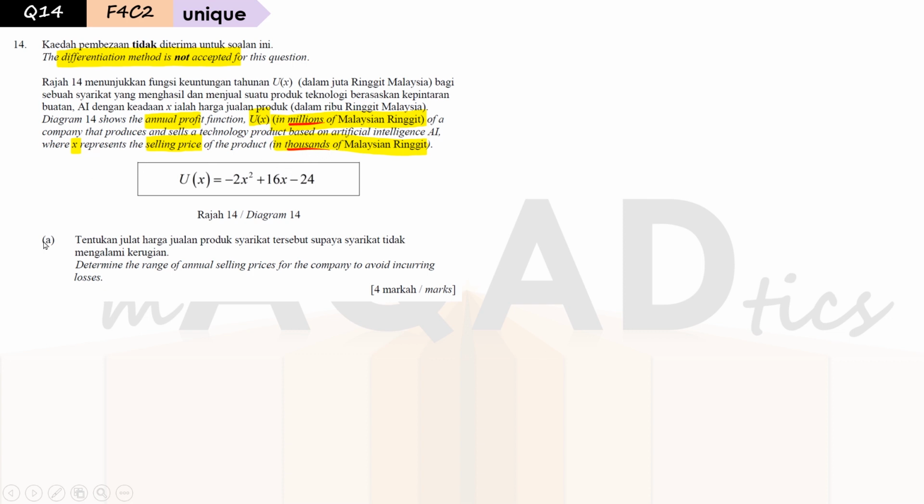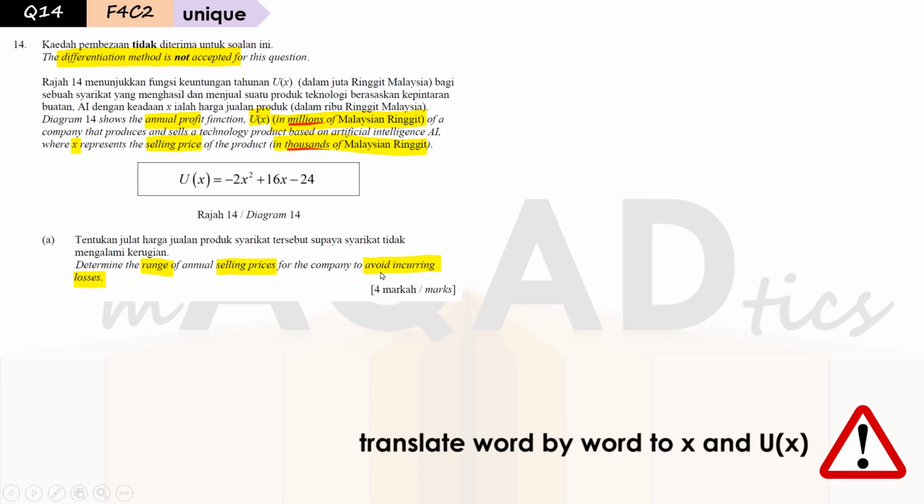Alright, so now in part A, it tells us to find the range of the selling prices to avoid incurring losses. So how do we apply the things that we have learned in that chapter to here? Let's translate the selling price and avoid incurring losses in terms of the function here. Selling price is actually the x, right?